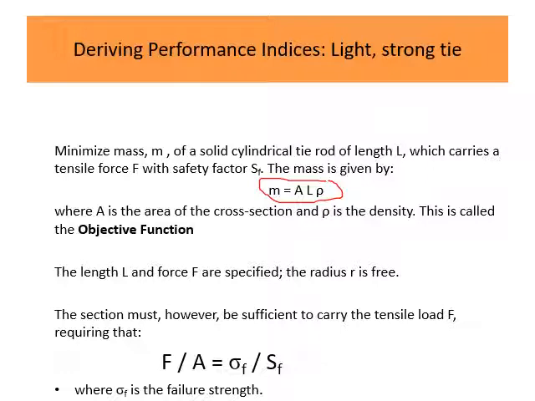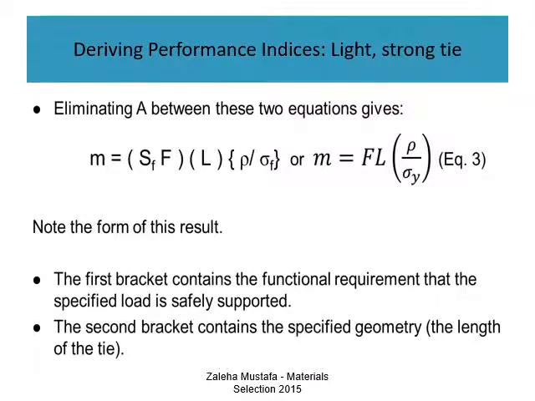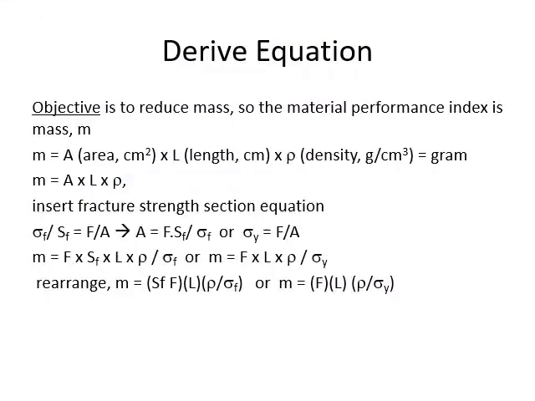Also, you can relate F divided by A to the yield strength, sigma Y. You can probably get quite confused with this equation and how to derive it, so let's see within the next slide.